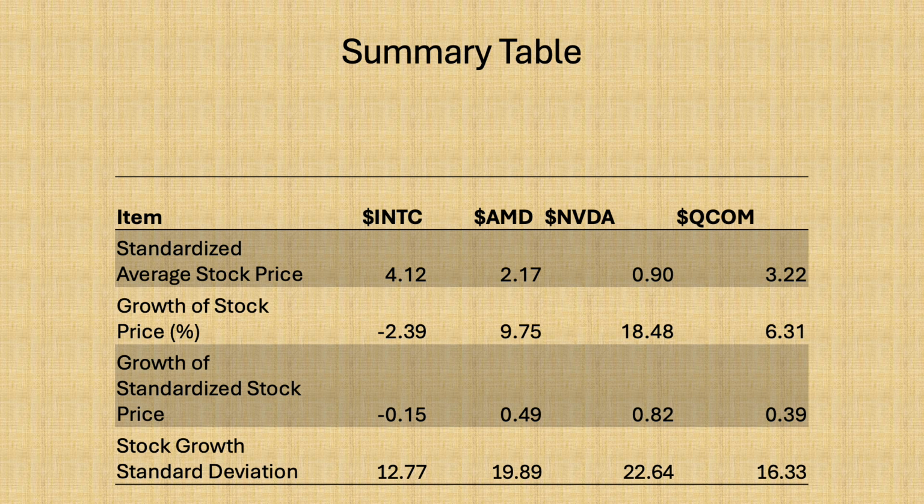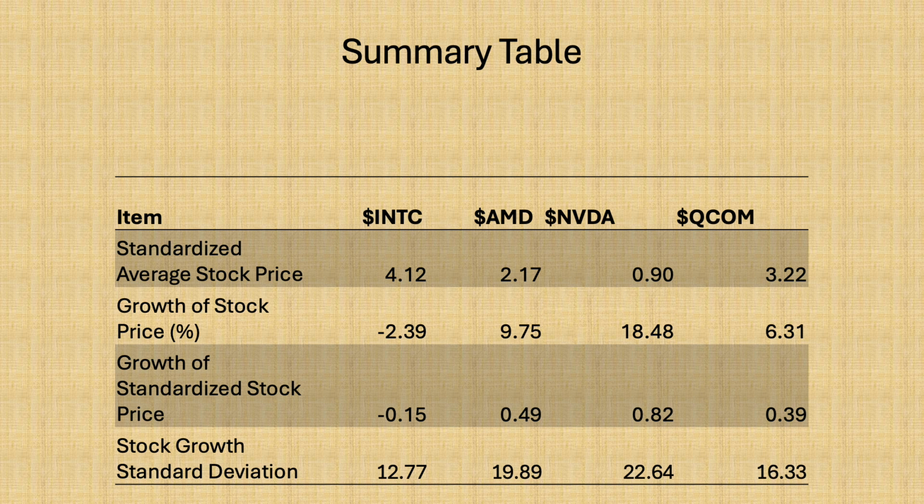The second row presents the growth rate in percent for the four companies. Now look at NVIDIA. NVIDIA's growth rate over the period under consideration is 18.48%. And AMD's growth is 9.75%, while Qualcomm is 6.31%, and Intel recorded actually a negative growth rate of 2.39%.